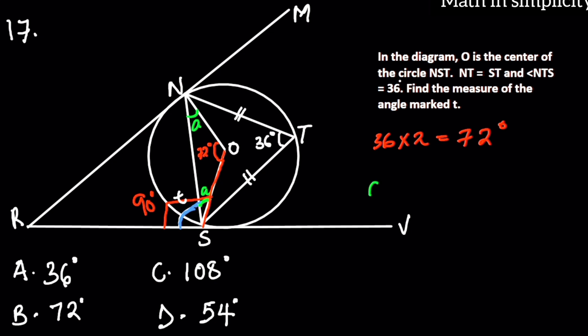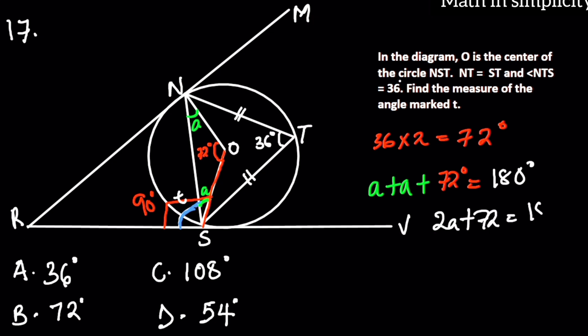So we have that angle A plus angle A plus 72 degrees should give us 180 degrees. This is because the sum of angles in a triangle is equal to 180. So let's simplify. A plus A will give us 2A, plus 72 is equal to 180 degrees. So 2A is equal to, collecting like terms, 180 degrees minus 72 degrees.